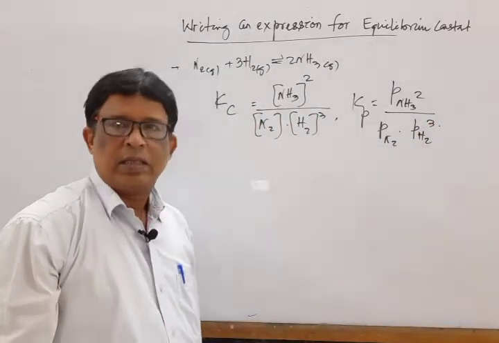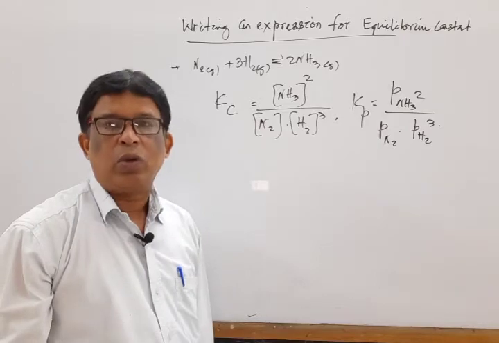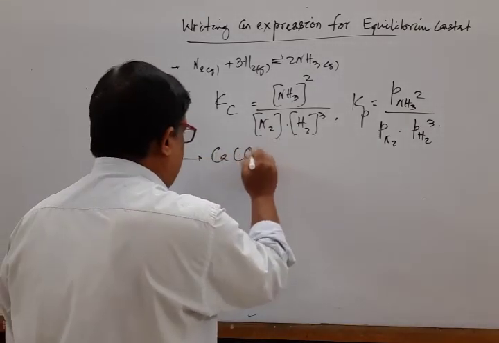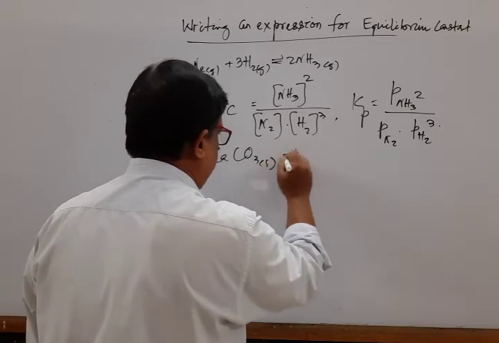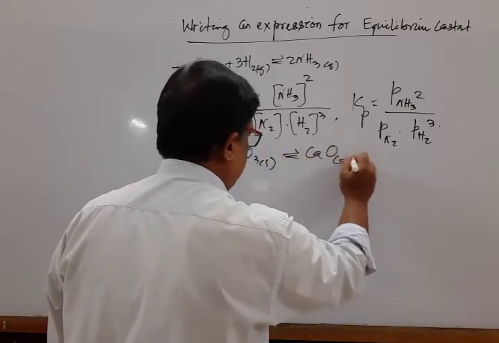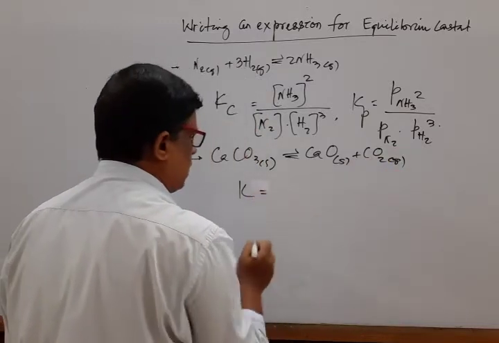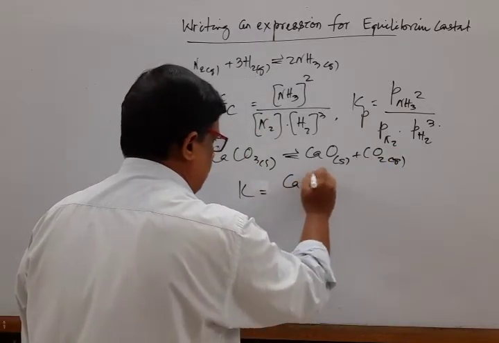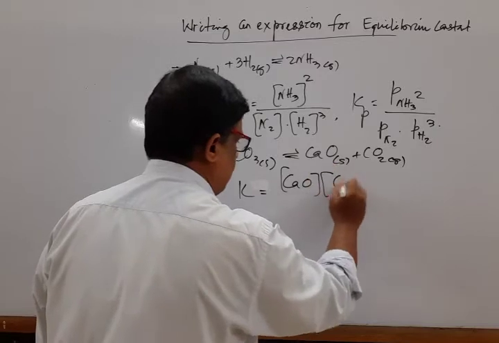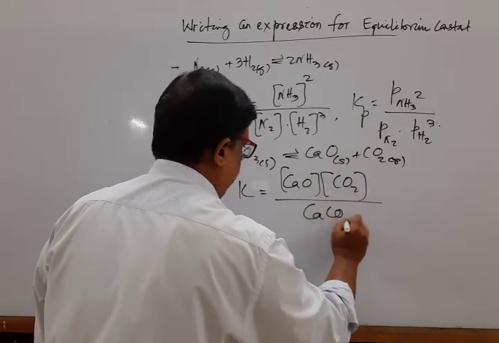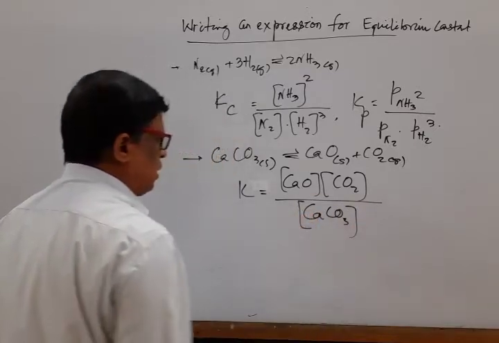Mark that. Similarly, for a heterogeneous one, calcium carbonate solid gives rise to calcium oxide solid plus carbon dioxide gas. So the equilibrium constant is equal to calcium oxide molar concentration into carbon dioxide molar concentration divided by calcium carbonate molar concentration.